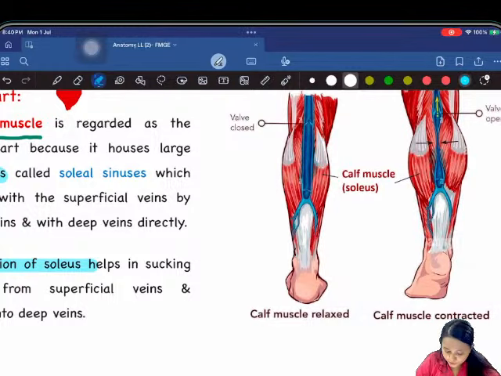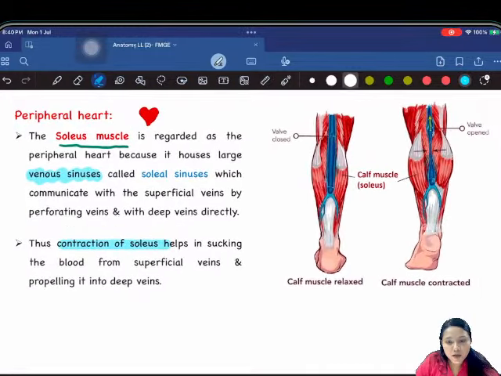If you remember in your first year MBBS, in the dissection hall, the teacher would say to just tap your legs if you are feeling giddy. When you tap your legs, you are contracting your soleus, and it is sucking the blood from the superficial veins and propelling it into the deeper veins. That's why the soleus is known as the peripheral heart. So this might come as a question.